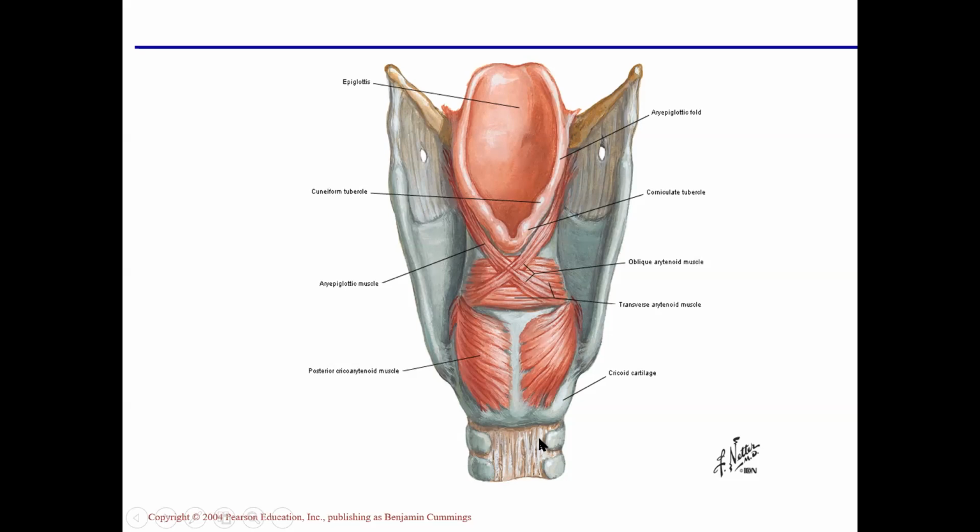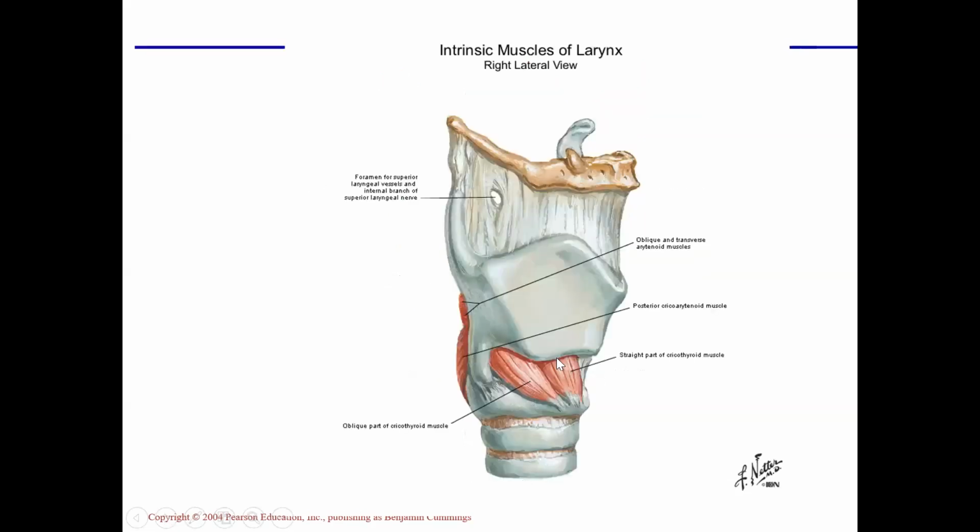There's a gap in between, right? Okay. All right, so from the anterior side, these two muscles are both called cricothyroid muscle because they connect these two cartilages. All right, that's all you need to know, cricothyroid muscle.